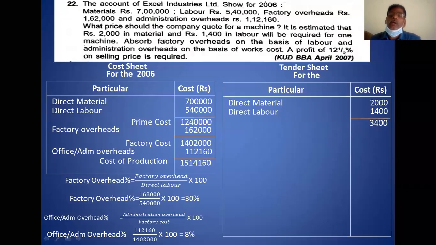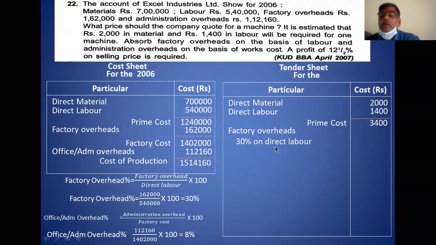Then add factory overhead. Regarding factory overhead, information is not given. So the factory overhead percentage you calculated here is 30% of direct labor. Labor is 1,400 here.